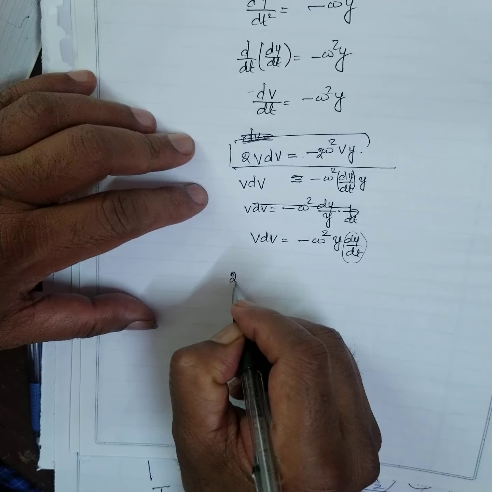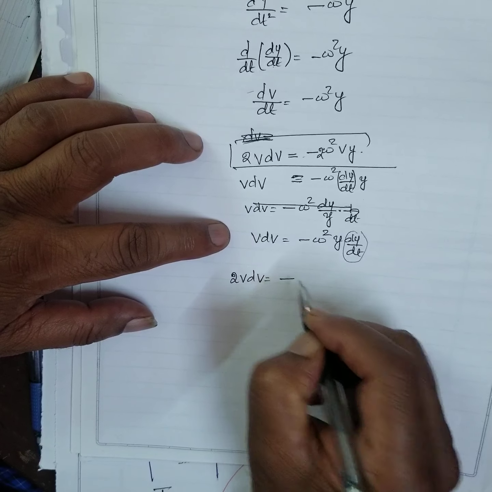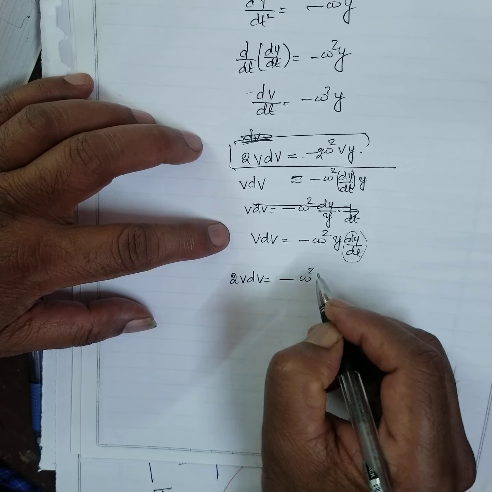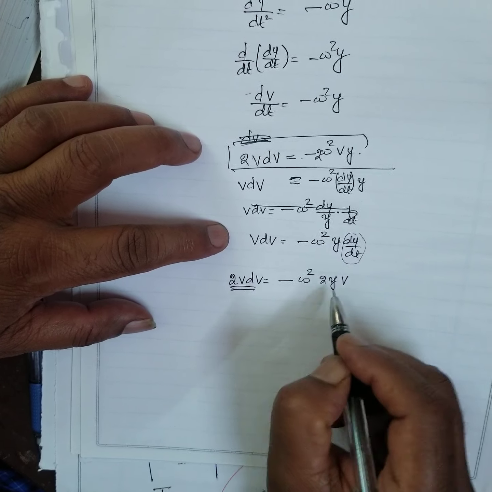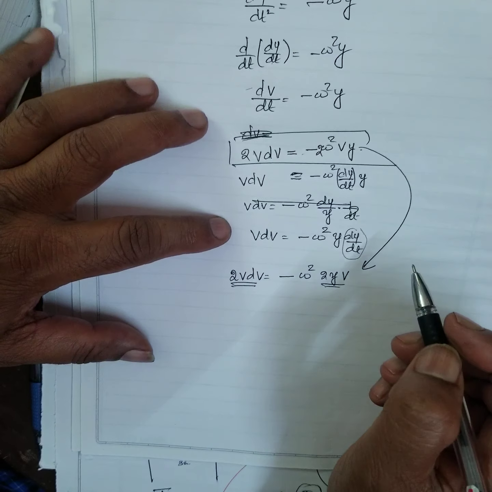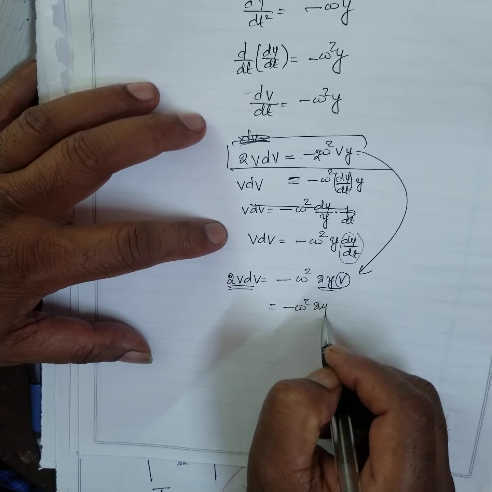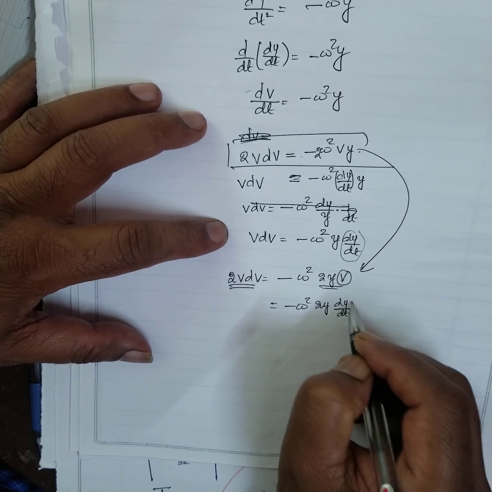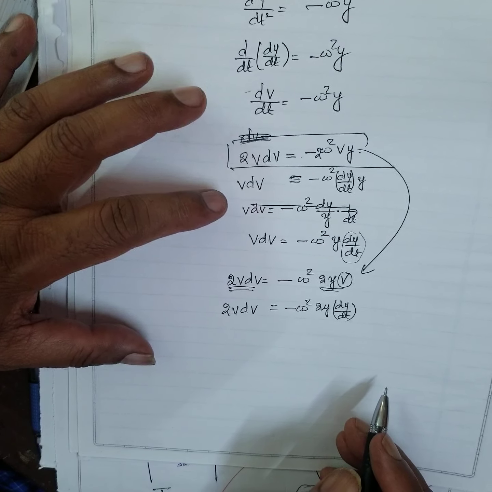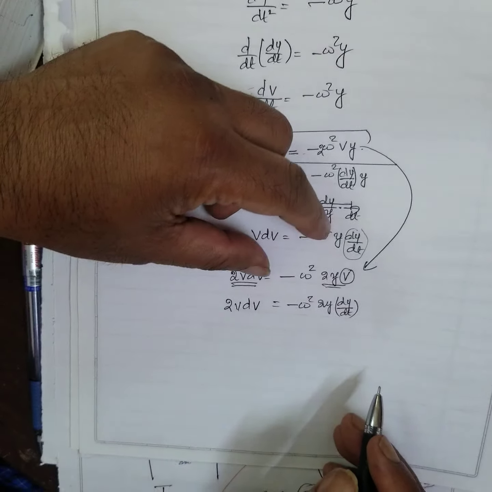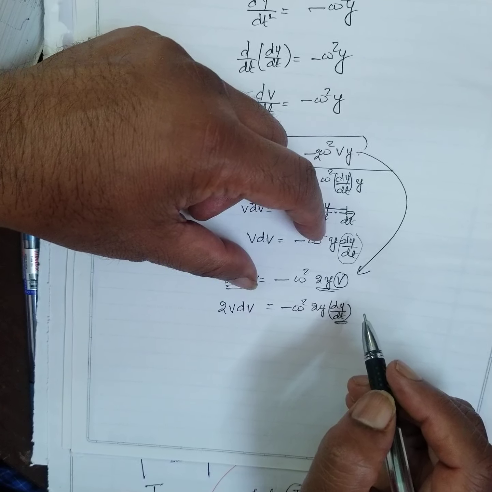That is 2v dv is equal to minus omega square 2y dy over dt, right?